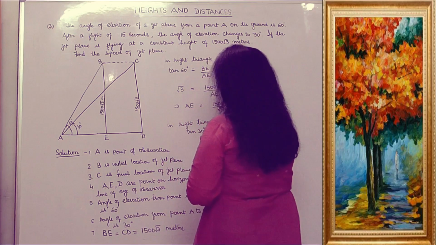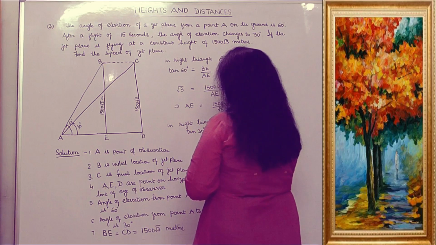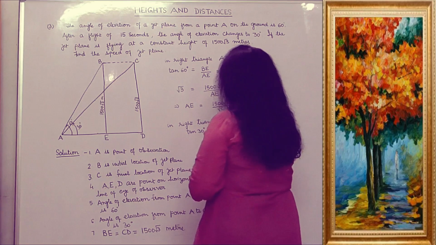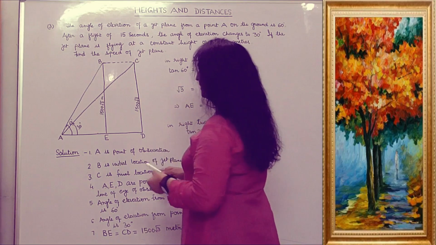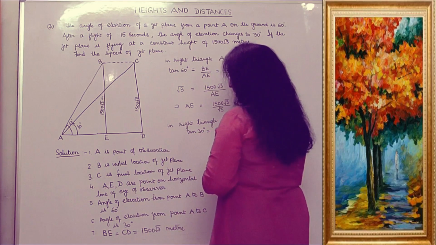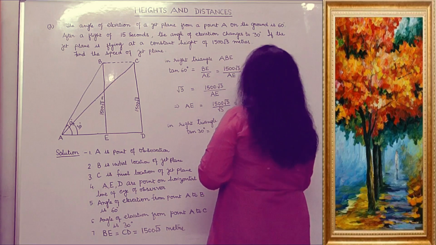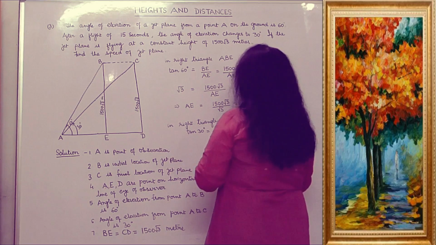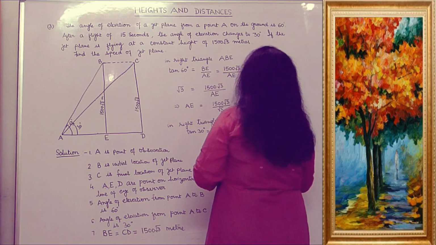CD is the same value as BE, 1500 root 3. Value of CD is 1500 root 3. It means the height of the jet plane is constant. It is flying at the same height. AD is equal to AE plus ED. Value of AE is 1500 and ED is not known.